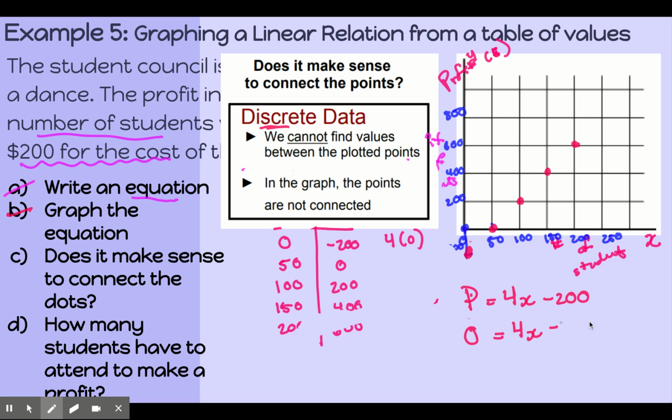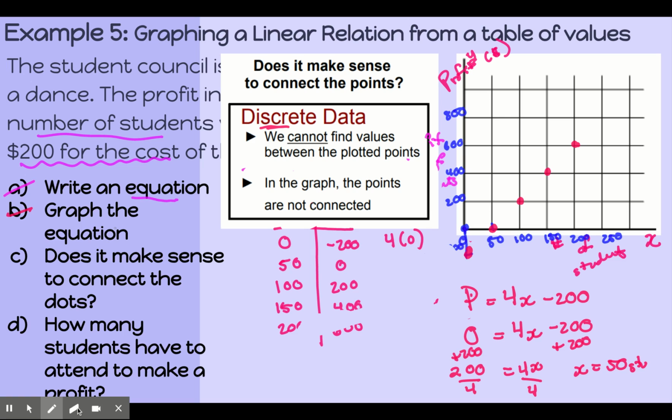And now we actually use our algebra skills to solve for X. So I'm going to go plus 200 in order to solve for X. Now I have 4X is equal to 200. 4 times X, I need to divide by 4 in order to solve X on its own. And X is equal to 50 students. So in the end, I need more than 50 students to make a profit.